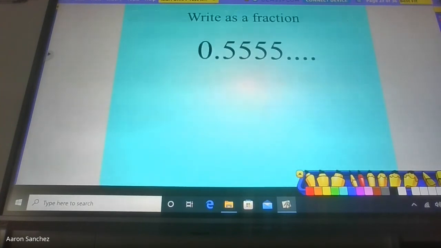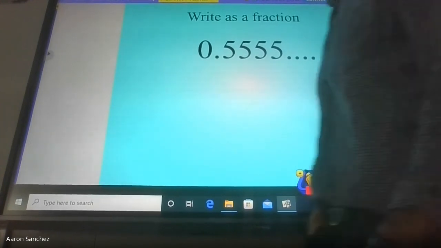Now, write 0.5 plus 0.05 as a fraction. You guys remember how to do that? Remember, this is an infinite series, so make sure you follow.